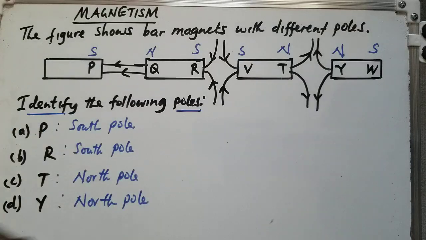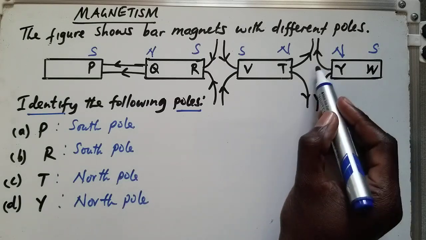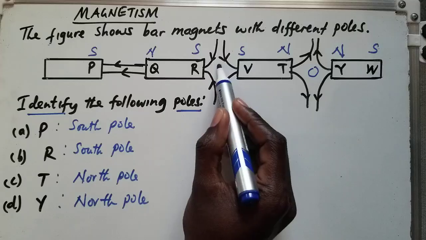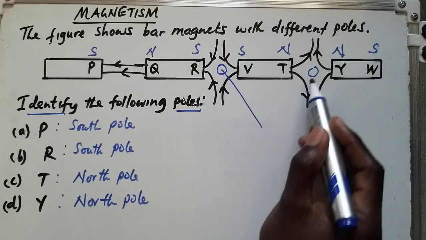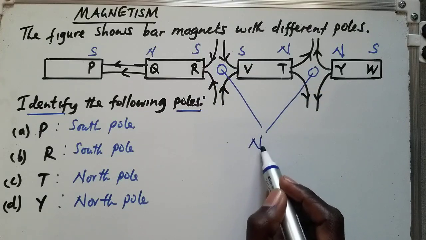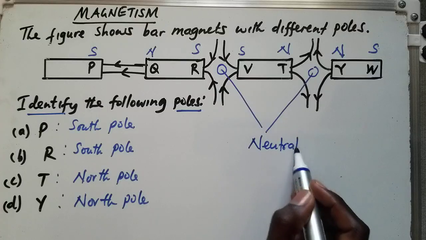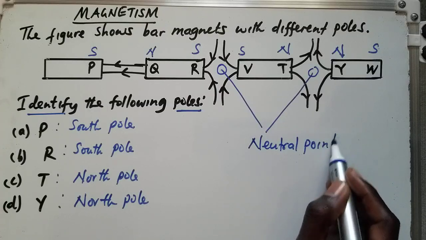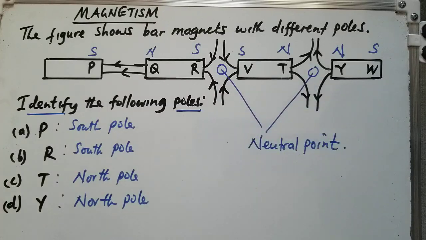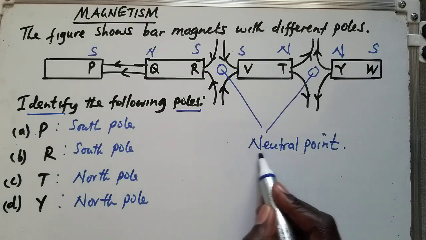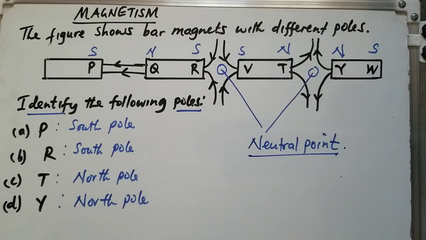If I told you to label from this diagram which one is a neutral point, yes, here and somewhere here, it simply means that these regions here are representing what we call the neutral point. So a neutral point is a point between two like poles where the magnetic fields cancel out, and that's what we call a neutral point.